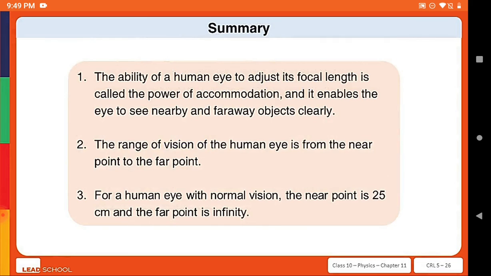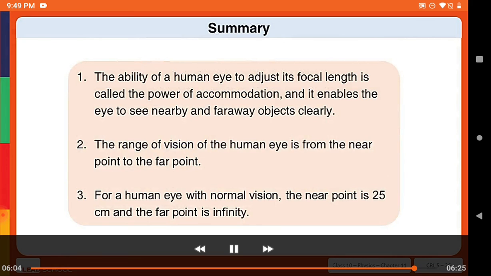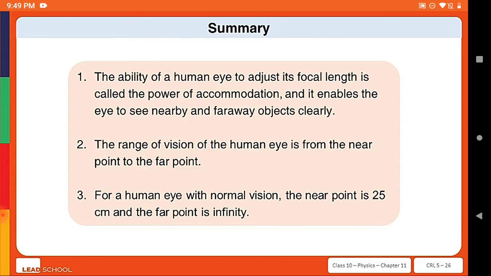We also learned about the range of the human eye. It is 25 centimeters to infinity. So there are mainly three points discussed in this video. It enables the eye to see nearby and faraway objects clearly.